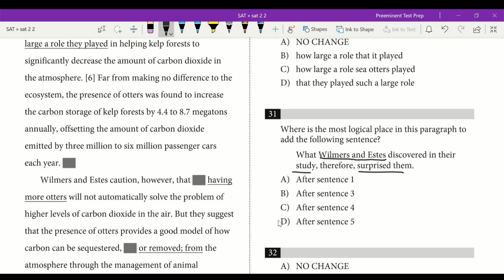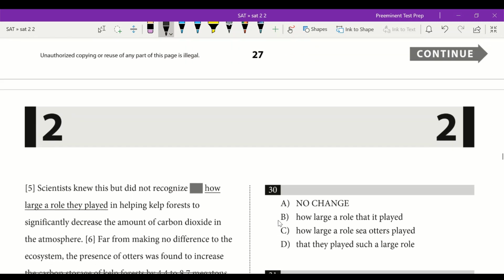So the results are probably going to come after, and there's going to be a run-up where they talk about Wilmers and Estes and what kind of study they're doing. So I'm looking for a sentence preceding it with likely a study, and I'm looking for the facts and the results of that study to come after more than likely, because it's going to explain why it surprised them, right? So in the back of my mind, I'm keeping that.